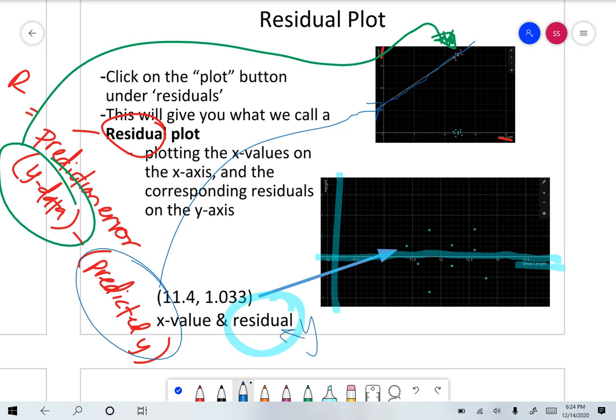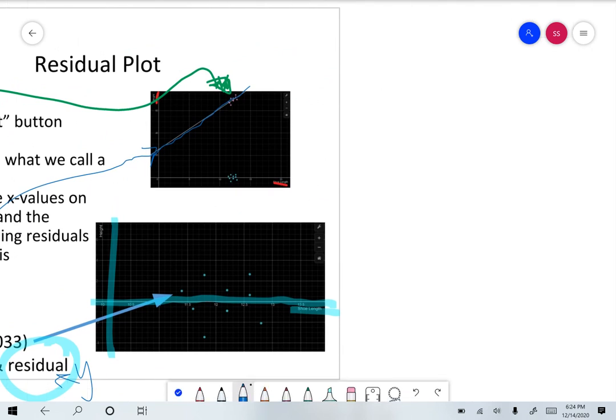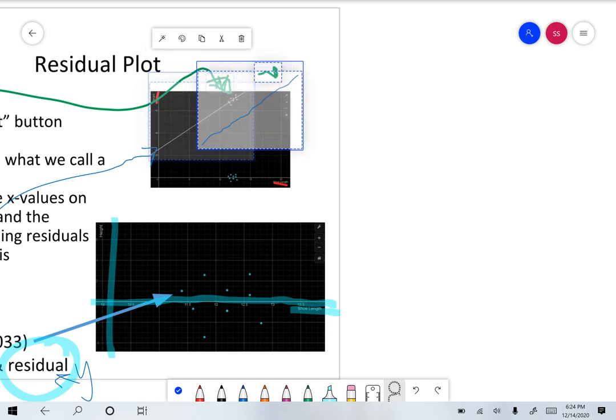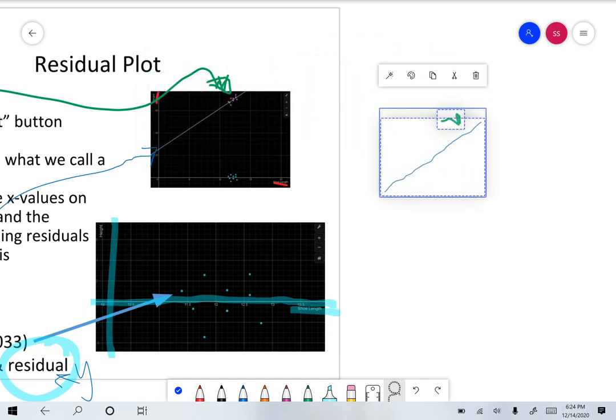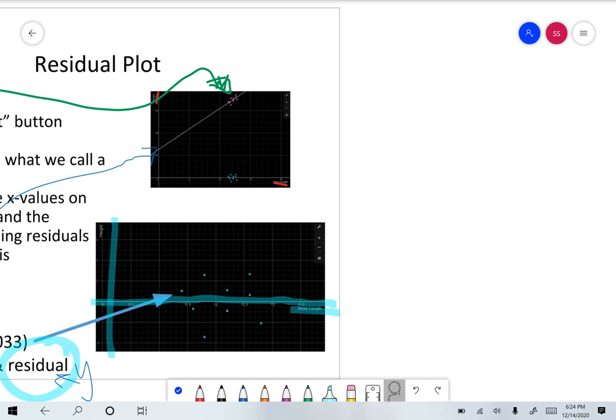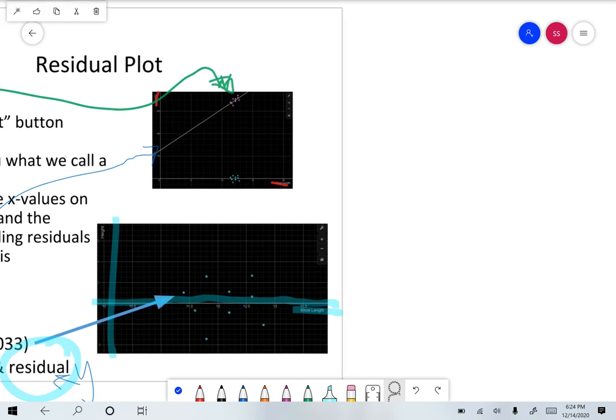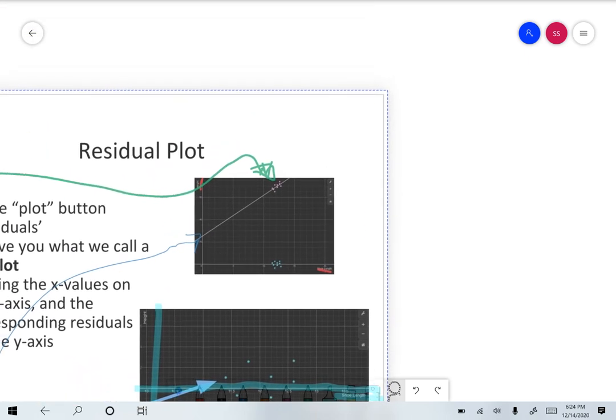So essentially what we're doing is taking that scatter plot line.